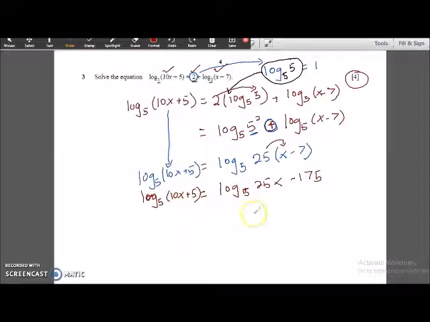Now we could make it more simplified by cutting this log 5 and log 5. Okay, so we just cut this. We cut this log 5 and we could solve the problem by writing only this 10x plus 5, and from this side is 25x minus 175.